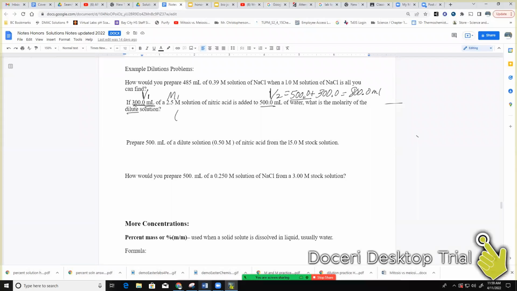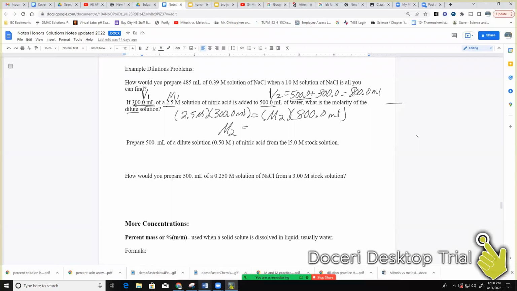So I just start plugging in. 2.5 molar, I started with 300 mLs. I'm trying to find M2, and I said at the end I had a total of 800. Should my M2 be more or less than 2.5? Less. So that's another quick check you could do to make sure you hadn't made a calculator error.